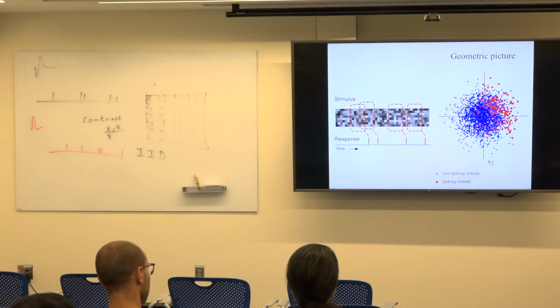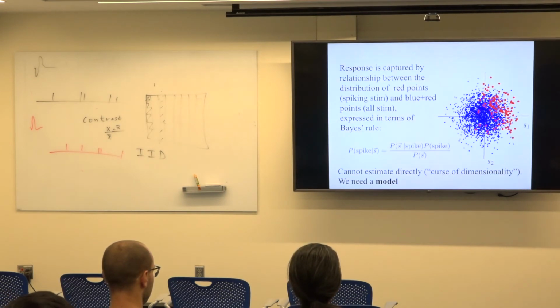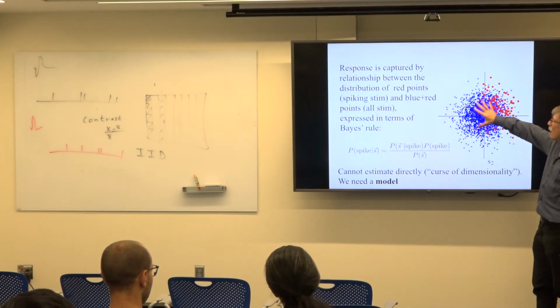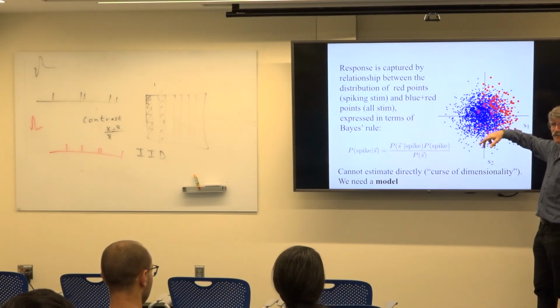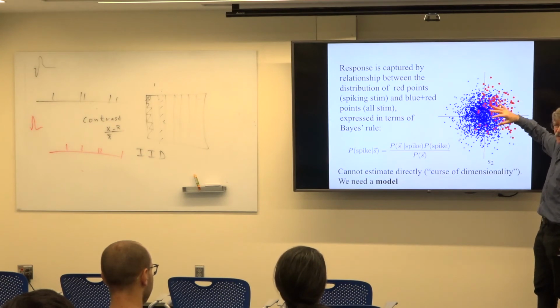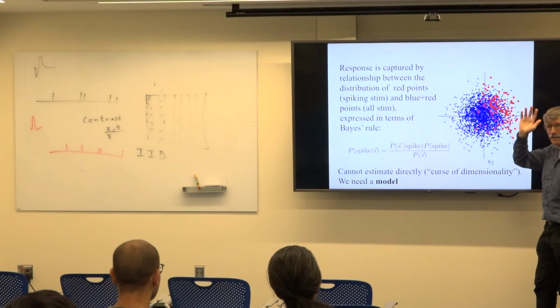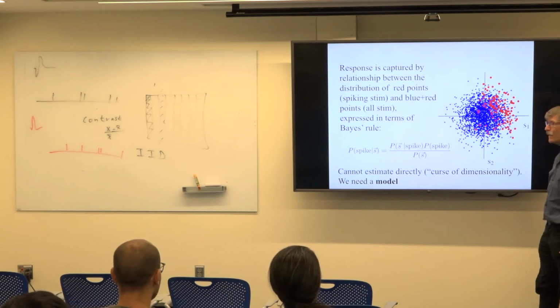Now, you might say, okay, I'm in 48 dimensions, I have no idea what to do, so let's just build a full-on Bayesian model for this, so that these blue dots come from some mean and some covariance matrix, and these red dots come from some mean and some covariance matrix, if I'm willing to assume Gaussian. And maybe I want to get even fancier than that.